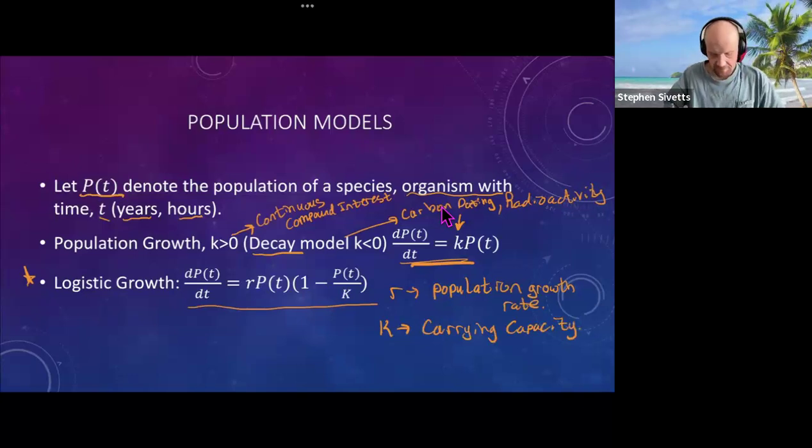It's just like the stopping point, and when a population will die off. So those are the two different types of population growth models, or decay models for that matter.